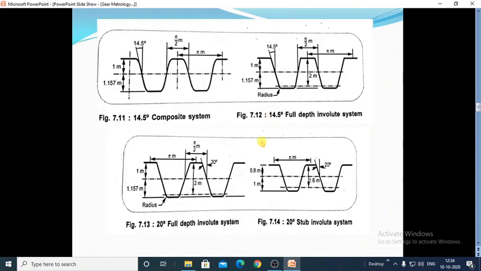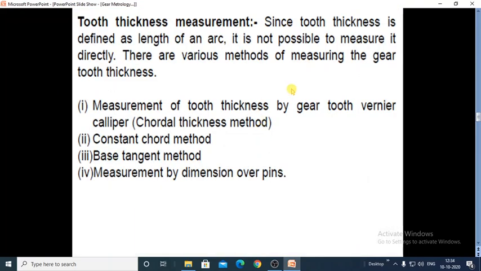So now we are going to see the tooth thickness measurement. Let us see about it. Since tooth thickness is defined as the length of an arc, it is not possible to measure it directly. There are various methods of measuring the gear tooth thickness.